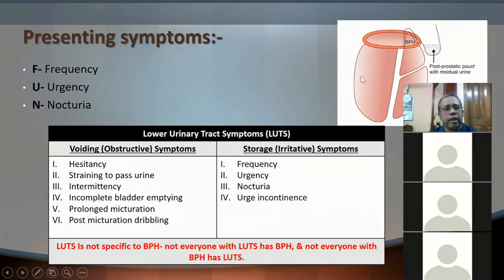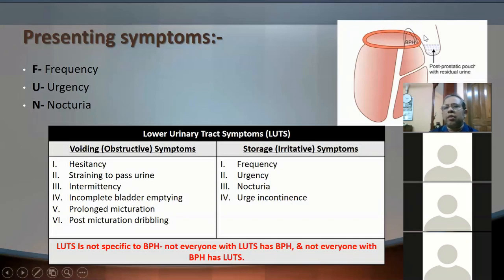And incomplete bladder emptying. Look at this. If the patient has an enlarged prostate, it causes a post-prostatic pouch formation, because in the urinary bladder at the neck, at the trigone, the epithelium is firmly attached. So the triangular part of the bladder is fixed.